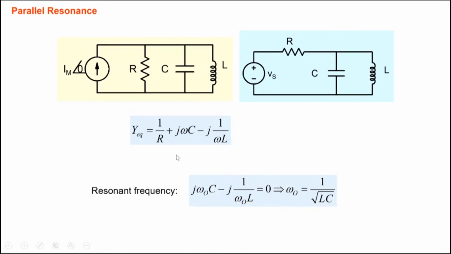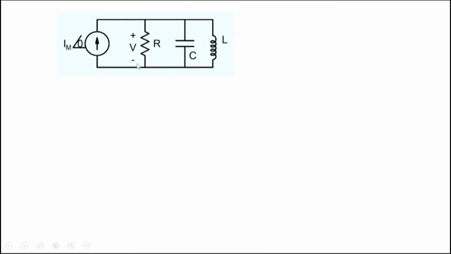So that's the resonant frequency for us. We make the imaginary part 0, so again the resonant frequency is 1 over root LC, and then the admittance becomes 1 over R, and the output is simply I naught times R. So the net impedance is simply R here.